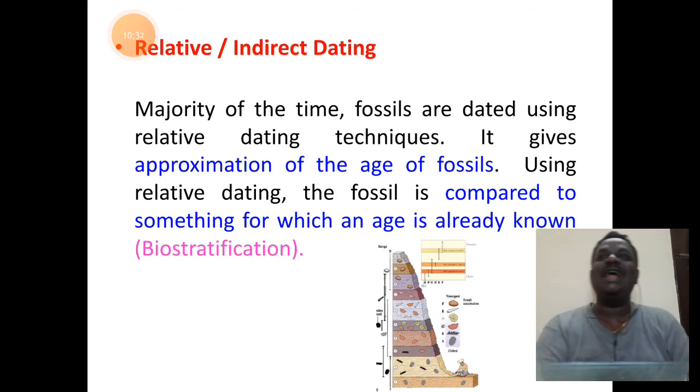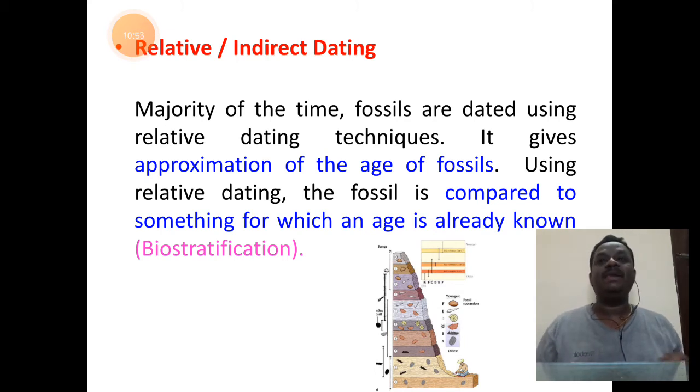Well, students, we shall now understand each of the methods of dating of fossils in detail, as it is important for the main or essay answer questions. First one to start with is relative or indirect dating.